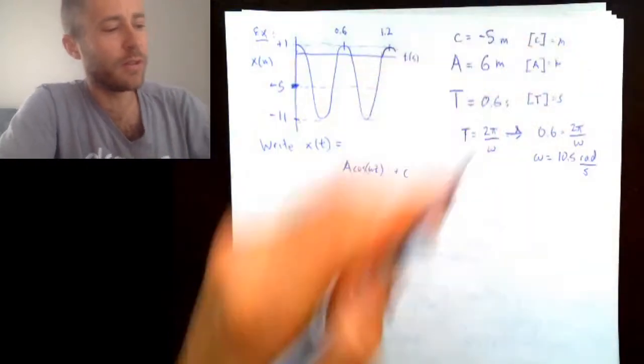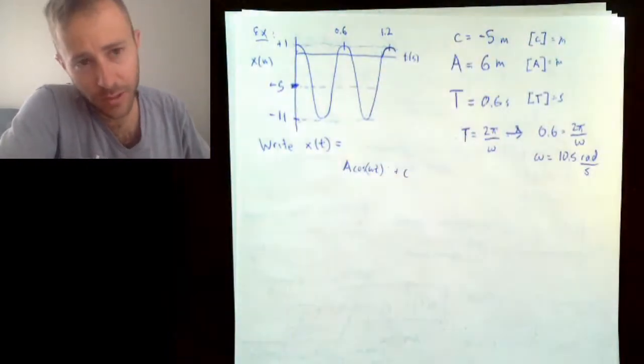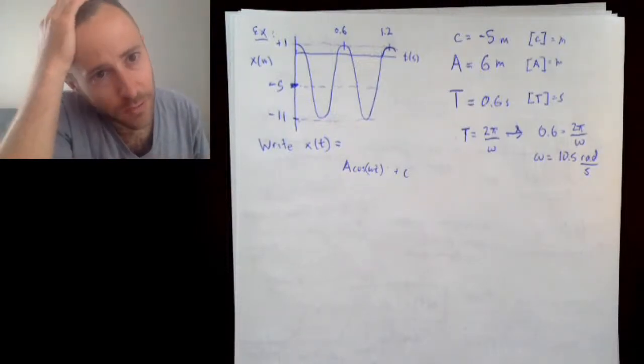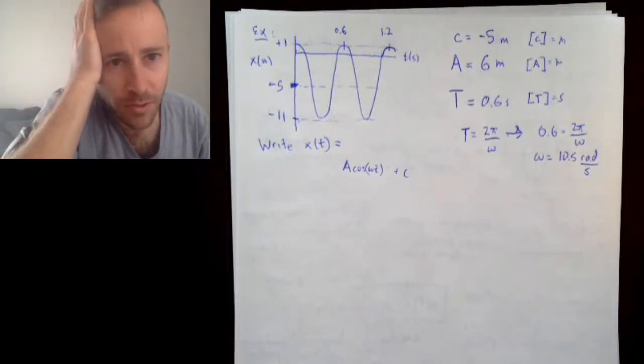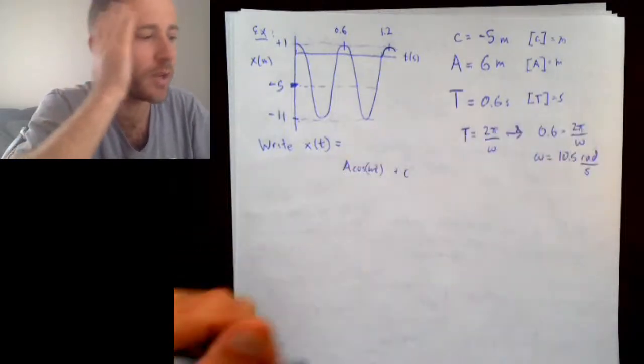The reason this variable is called omega is because it has the same units as angular velocity. They're both measured in radians per second.